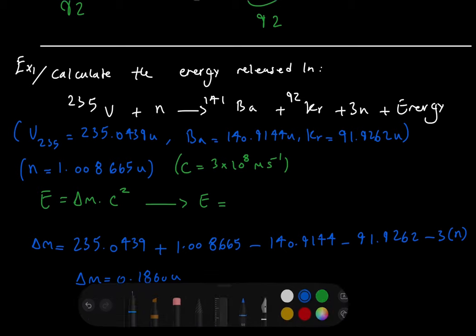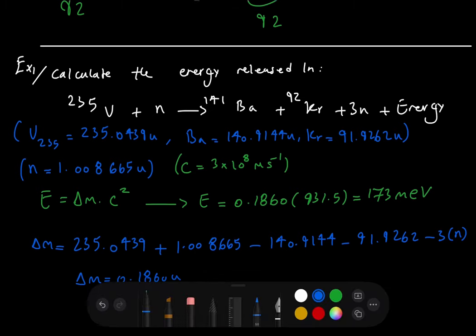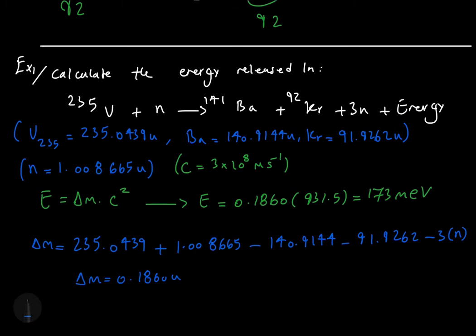You can then multiply the mass defect by 931.5 if you want to get the answer in mega electron volts. That'll give you 173 mega electron volts. But if you want to get the answer in joules, you should convert this into kilograms.